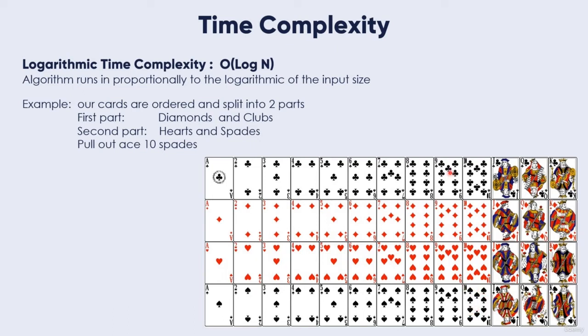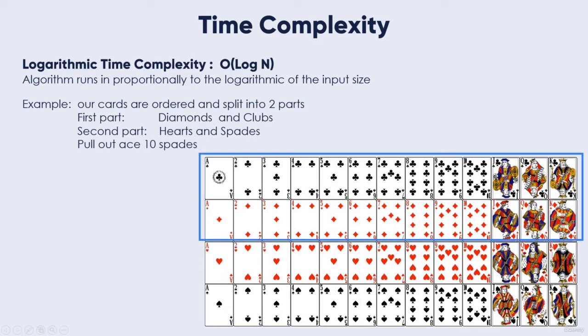But in case of logarithmic time complexity, I am going to divide this deck into two main parts. The first part will include the diamonds and the clubs, and the second part will include the hearts and the spades.